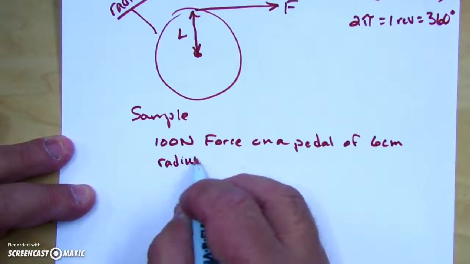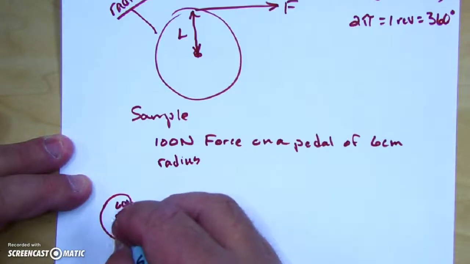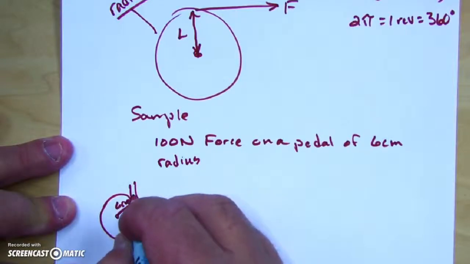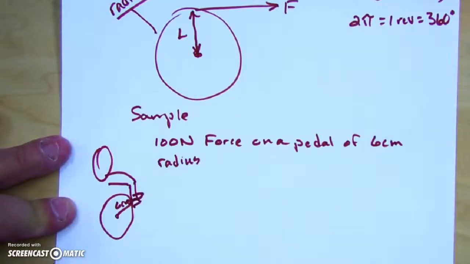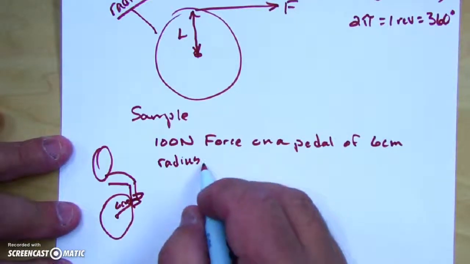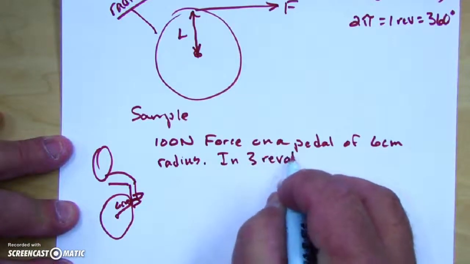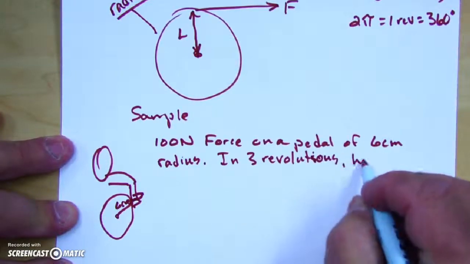That's your front sprocket on your bicycle, 6 centimeters. Here's your pedal that your foot is pushing on. That's your foot, attached to your body and all that stuff. Man, I should have been an artist. And what I want to know then, in 3 revolutions, how much work is done?